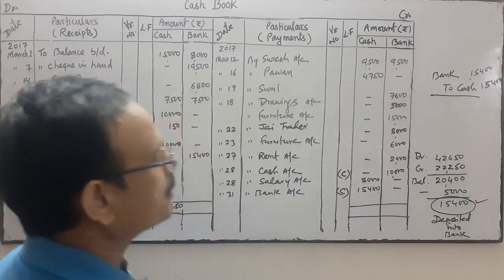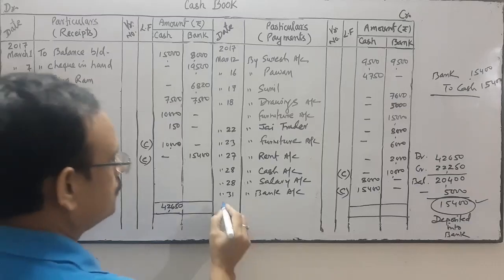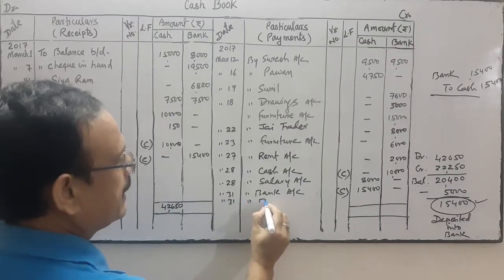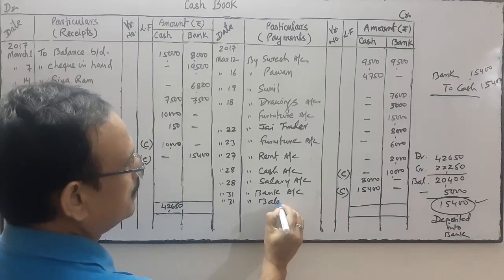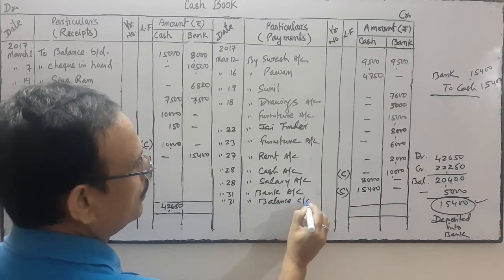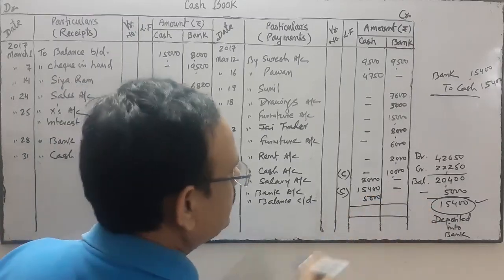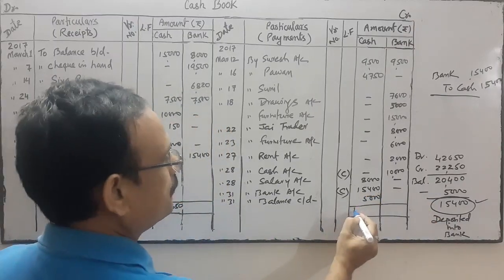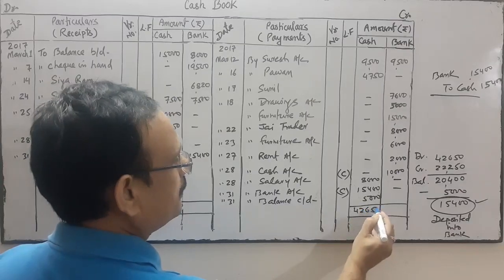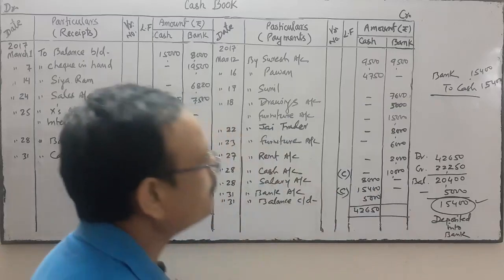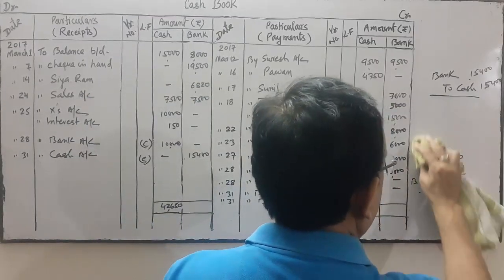So the balance carried down will be 5,000, because we have maintained 5,000. The total will be the same, 42,650. Okay, so we have completed the cash column.